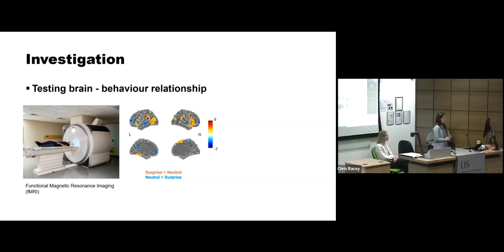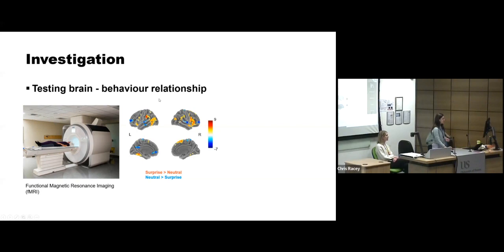So fMRI is measuring brain activity by detecting changes in the blood flow in the brain. And we assume that when there is more oxygenated blood in a given region at a given point, that region is being activated at that time.